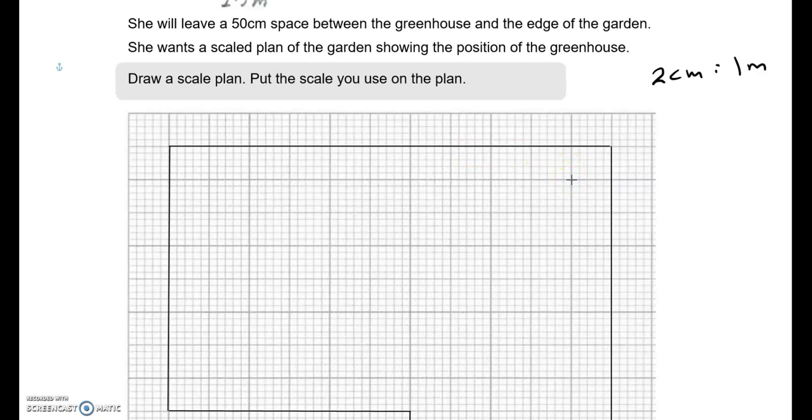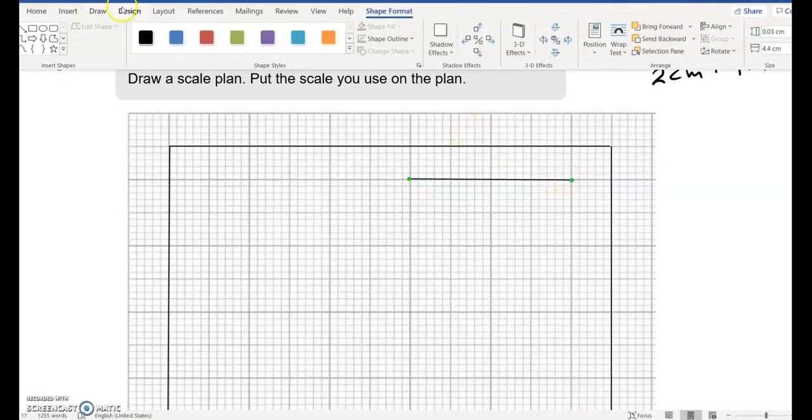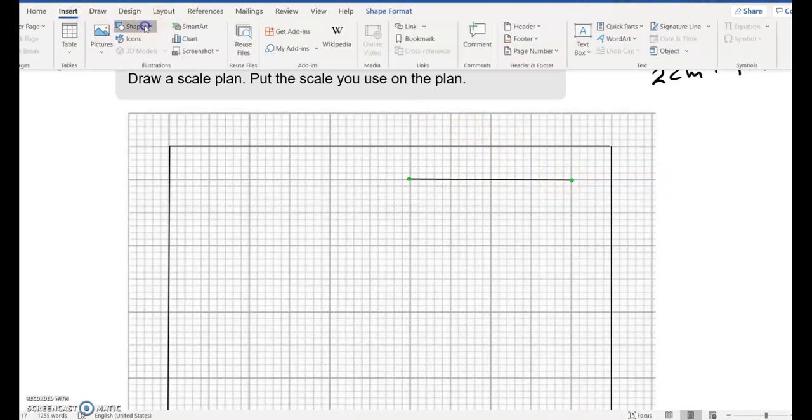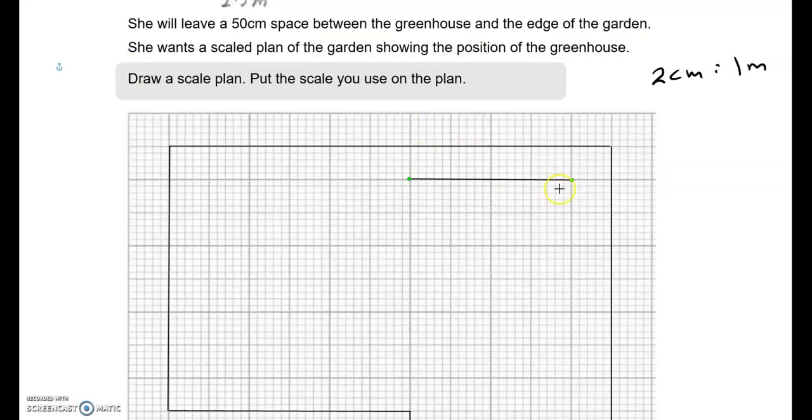So starting from the right, 2 meters by 2.5. So 2 meters will be 4 squares. And the other side is equal to 2.5 meters.